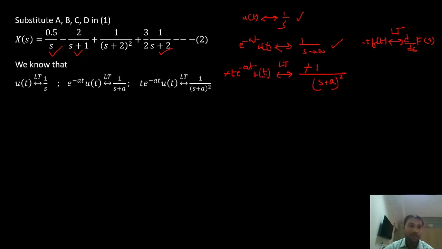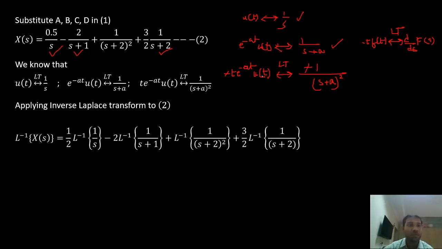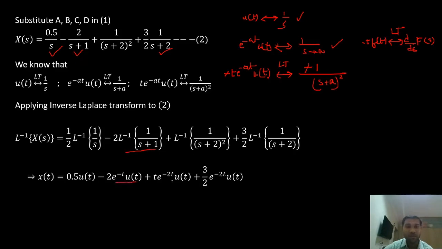So if I apply inverse Laplace transform to the second equation, the first term becomes 0.5 is a constant, and inverse Laplace transform of 1 by s is u of t, and for the second term minus 2 is a constant, and inverse Laplace will give me e power minus t into u of t.